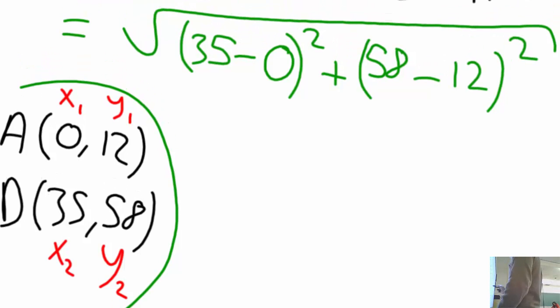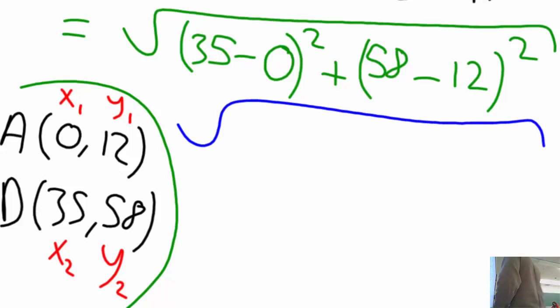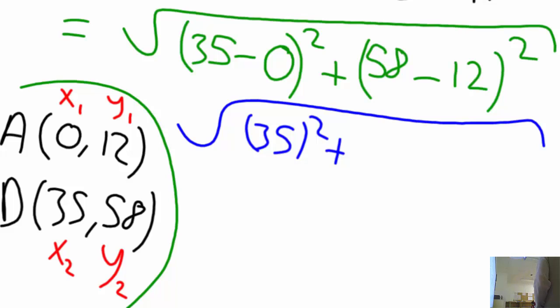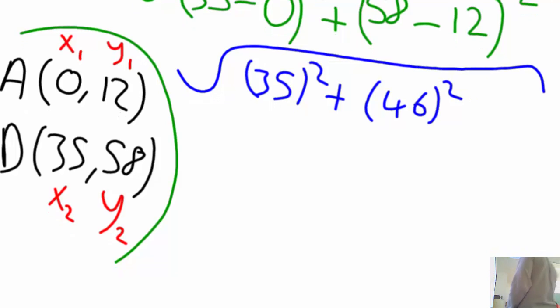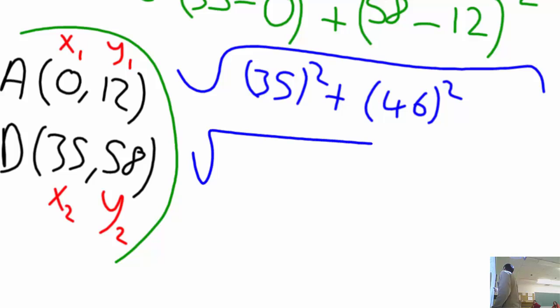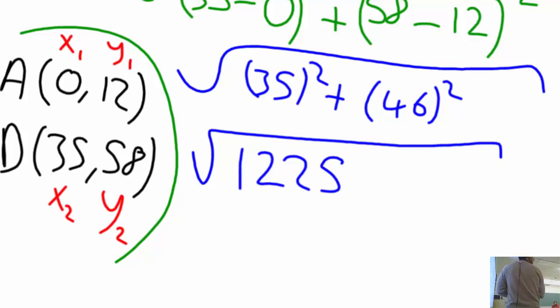Let's keep calculating. 35 minus 0 is 35 square plus 58 minus 12 is 46 square. And please calculate and tell me, 35 square, what's that? 1225.